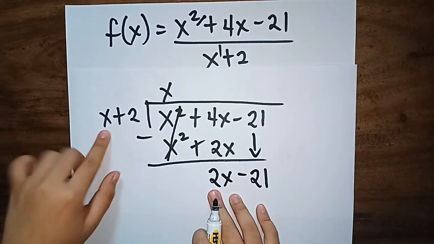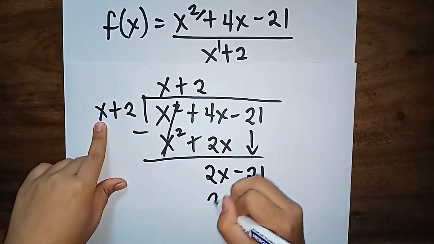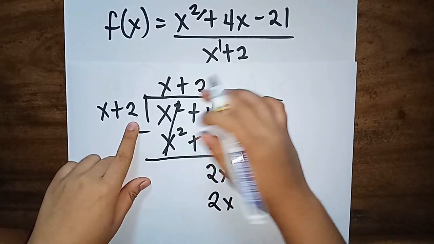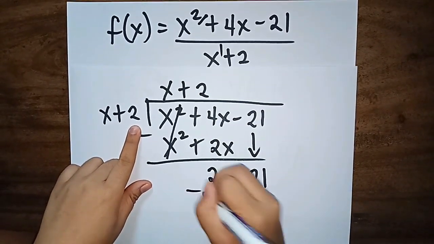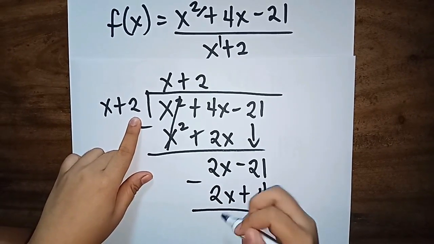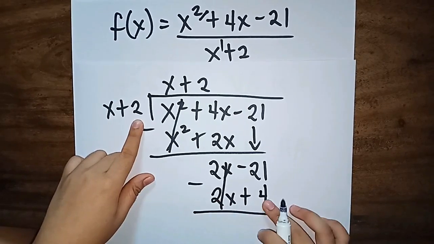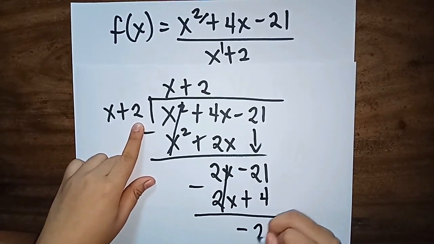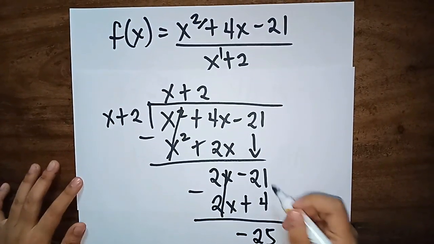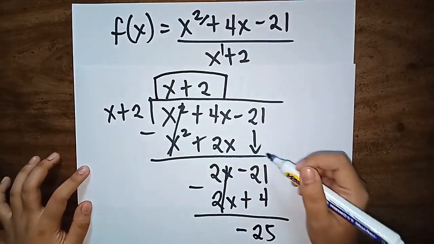So 2x divided by x equals positive 2, then 2 times x equals 2x, then 2 times 2 equals positive 4, then subtract. 2x minus 2x is equal to 0, or cancel, then negative 21 minus positive 4 equals negative 25. Our oblique asymptote is x plus 2.